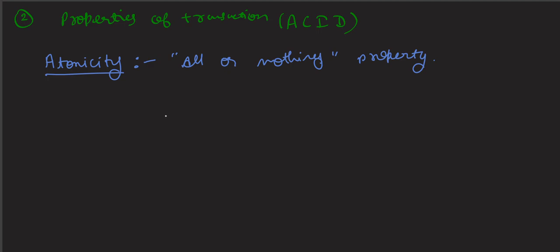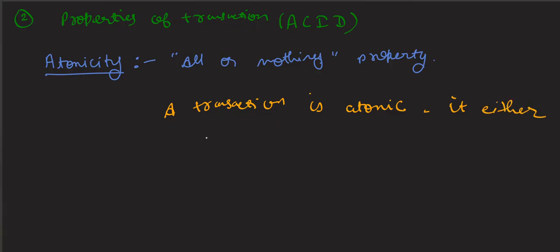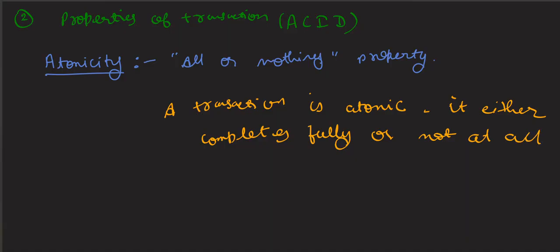It ensures partial updates don't happen. For example, in a fund transfer, both debit and credit must succeed.